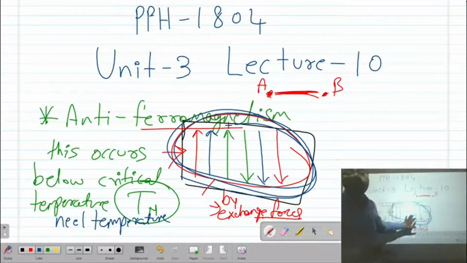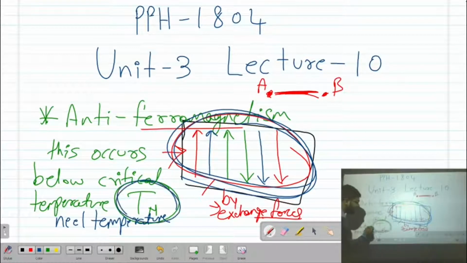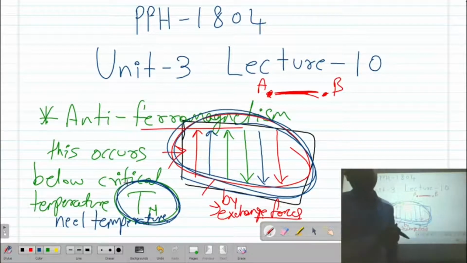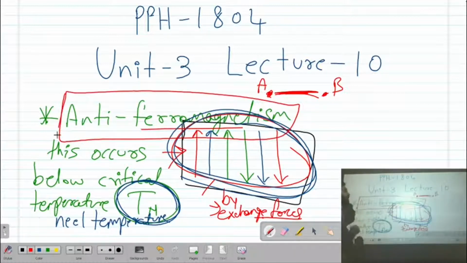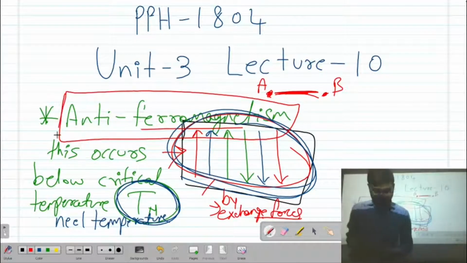It will be disturbed and it may go to ferromagnetism, and by increasing the temperature more it may go to paramagnetism. So this is with respect to TN. If the temperature is lower than the critical temperature, that is the Néel temperature, then and only then will you have this kind of antiferromagnetism.